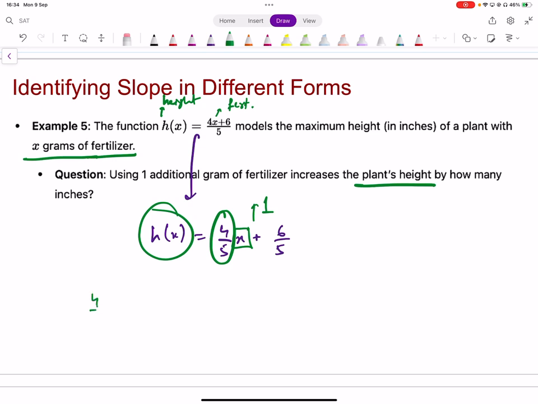So height increases by 4 over 5 units, or you can say 0.8 units. Does that make sense? That's the definition of the gradient, right? If you were to write this as a decimal, you would say this is h of x equals 0.8x plus 1.2. So if x increases by 1 unit, h is supposed to increase by 0.8 units, right?